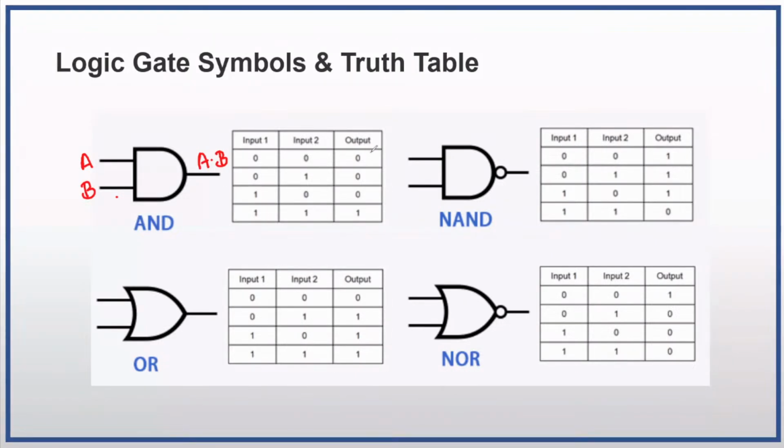According to that, you will get this result. If A is 0 and B is 0, 0 into 0 is 0. In this case, you can see only 1 and 1 gives 1. That means if both inputs are true, you get the output as true. Otherwise, it is 0.